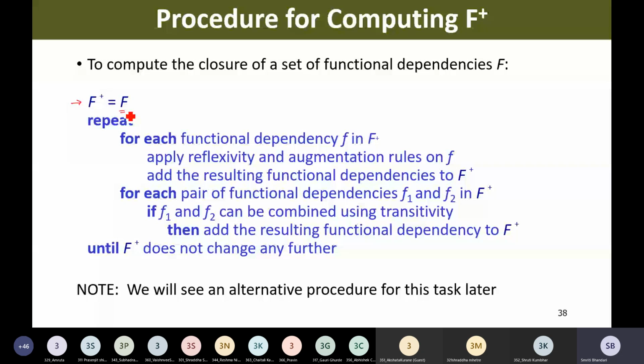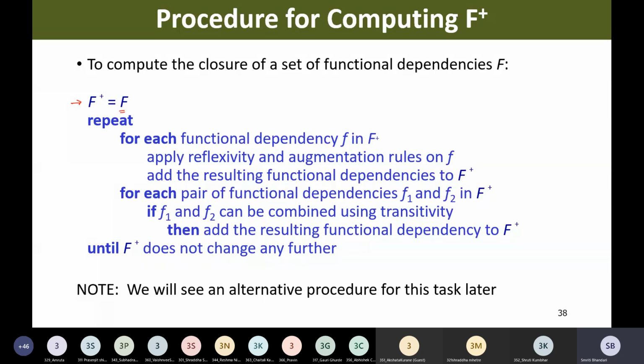So initially we assign F plus equal to F. Next, we repeat the process as long as our set F plus is changing. If there is a change in F plus, we repeat the process, but if there is no change anymore in F plus, then we terminate the algorithm.